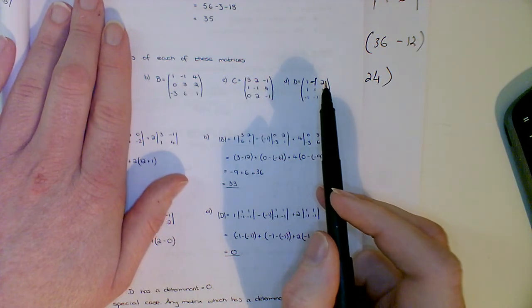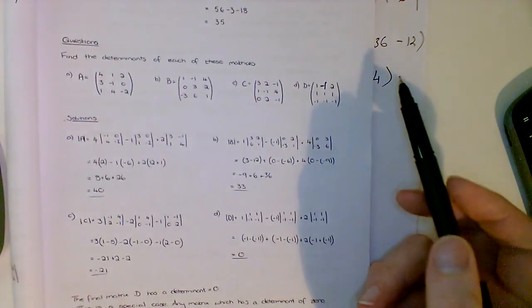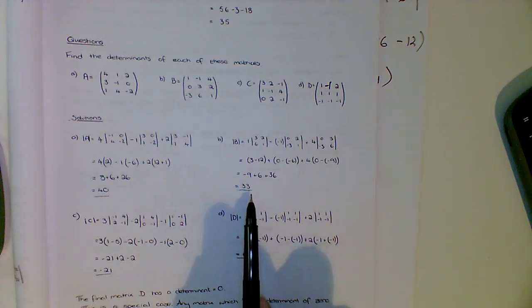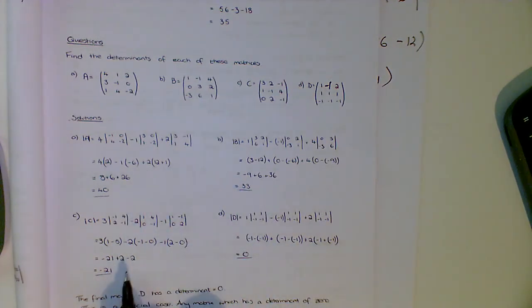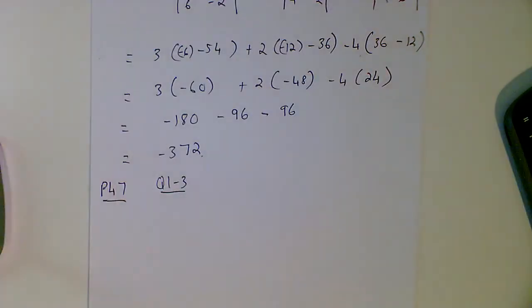And if you want to try those questions, then the answer you should get for B is 33, the answer you should get for C is -21, and the answer you should get for D is 0. So if you want to try 3 extra questions, there's 3 extra questions there too.